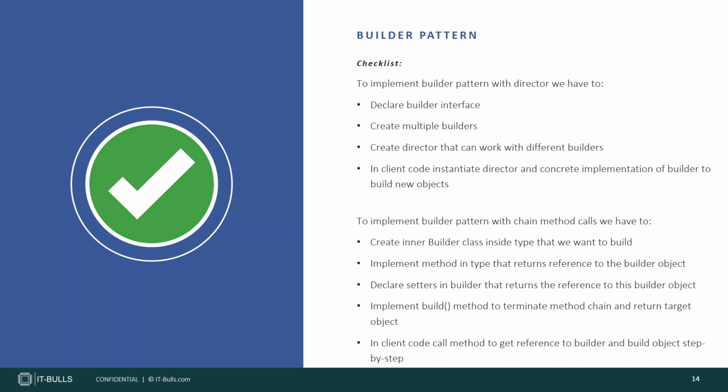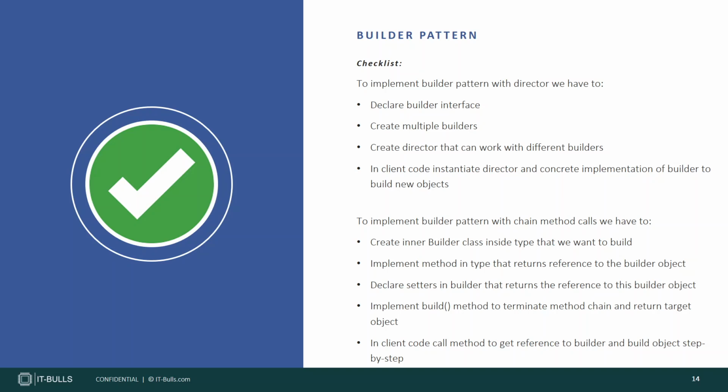To implement the builder pattern with chain method calls, we have to create an inner builder class inside the type that we want to build, implement a method in the type that returns a reference to the builder object, declare setters in the builder that return the reference to this builder object, and implement a build method to terminate the method chain and return the target object.